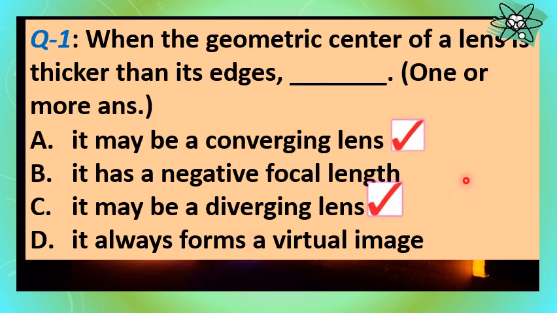But as we have shown earlier, all right, although the geometric center of this lens is thicker than its edges, when it is immersed in a liquid with a higher index of refraction compared to the index of refraction of the lens itself, all right, then it turned out that the focal length is negative, all right, implying that the lens behaves as what we call a diverging lens, right?